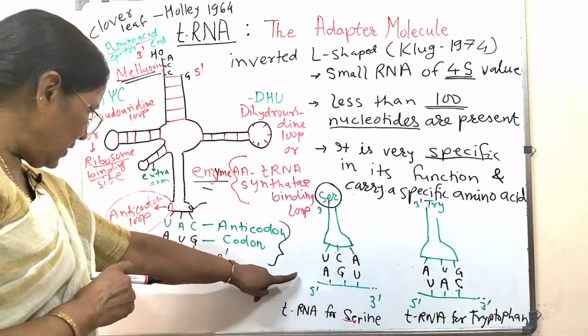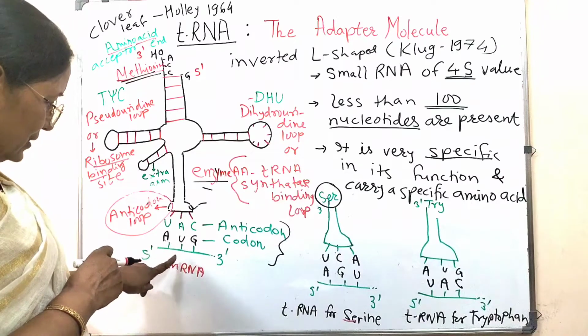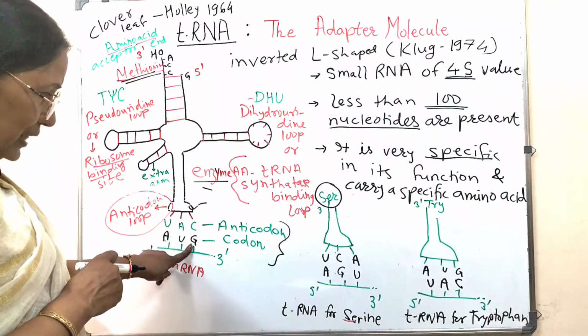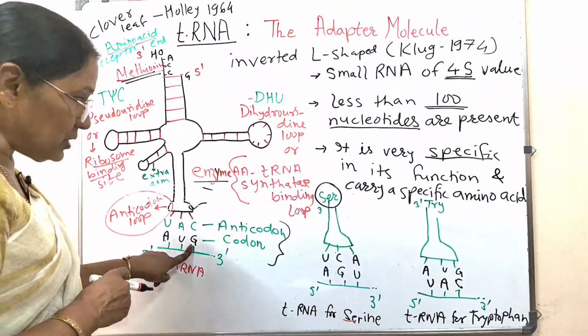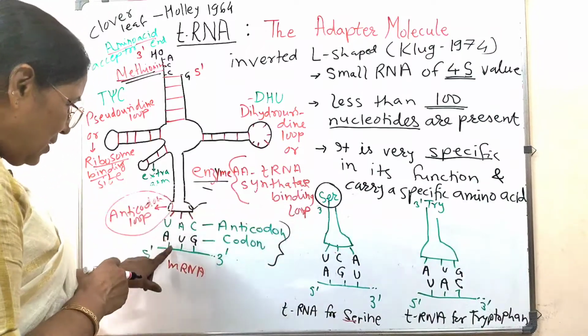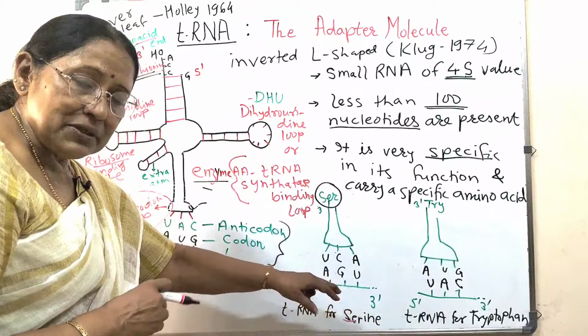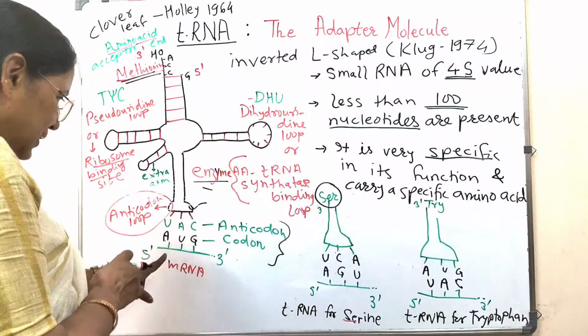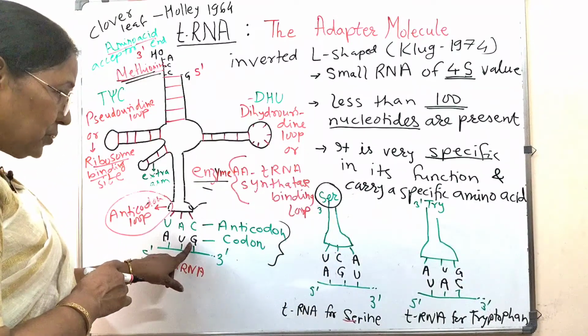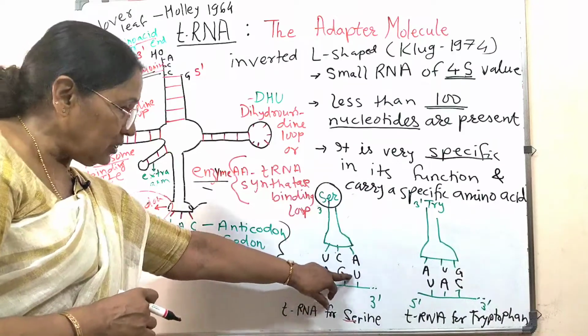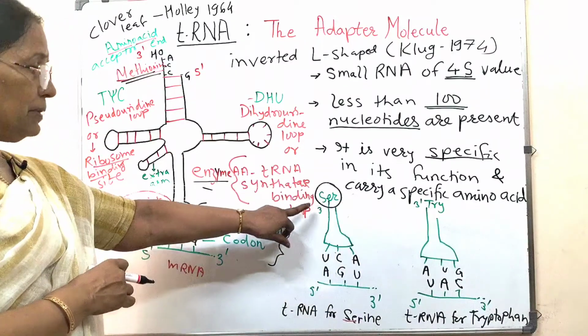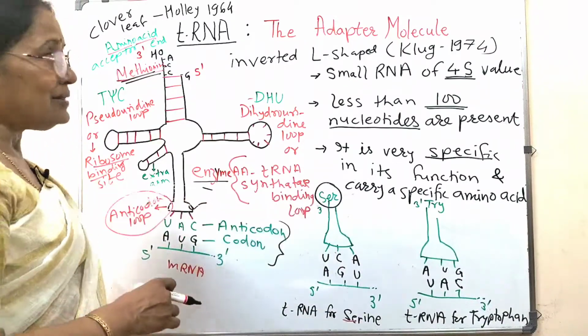And here also, AGU, compare with methionine's AUG. The same nitrogen bases are for serine, only the second and third nitrogen base positions have been changed. In place of UG, it has become GU. Then it becomes serine. That's it.